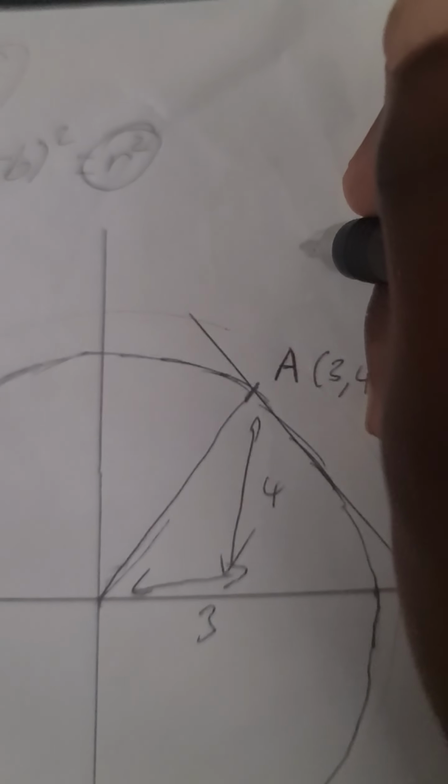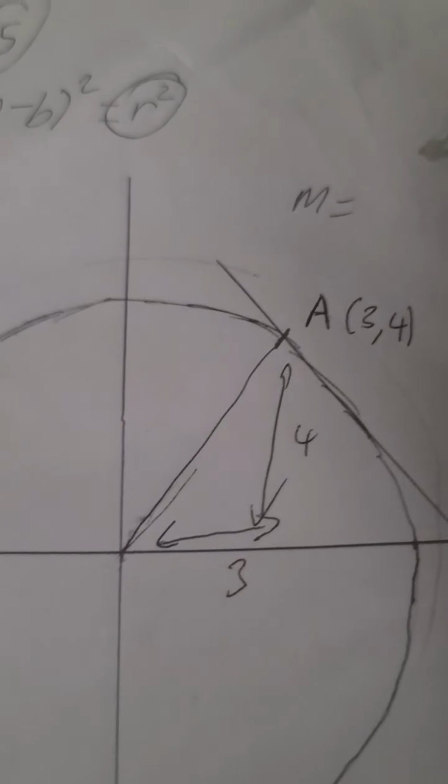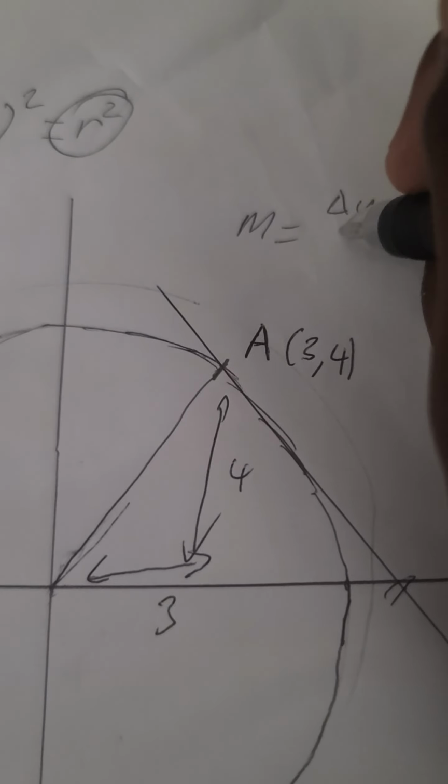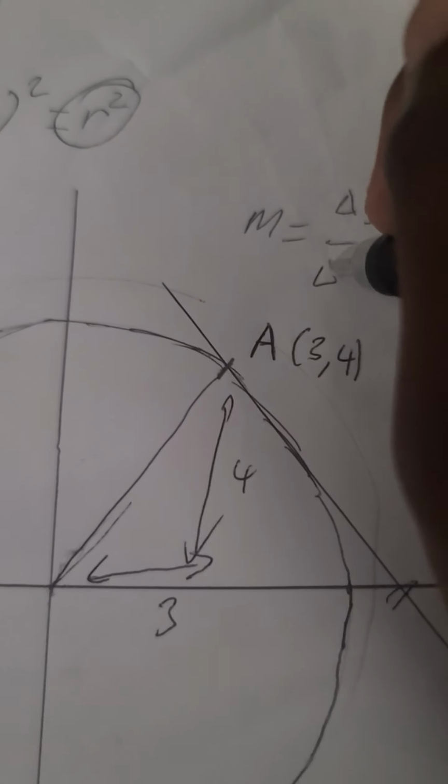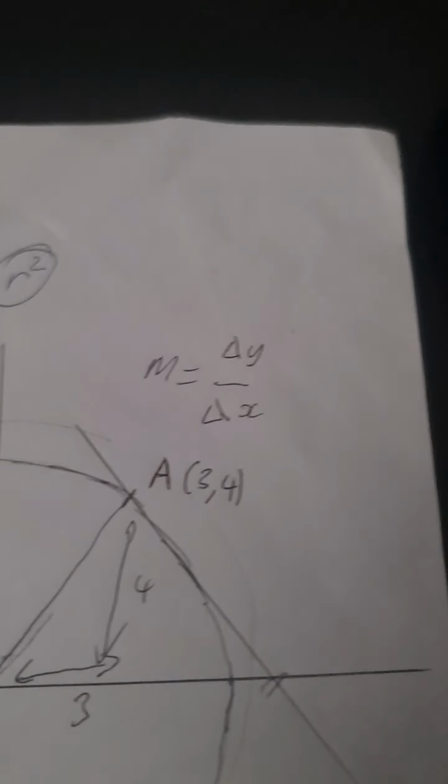As this is rise over run, your gradient is your change in y over your change in x. So you just do 4 divided by 3, which equals 4/3.